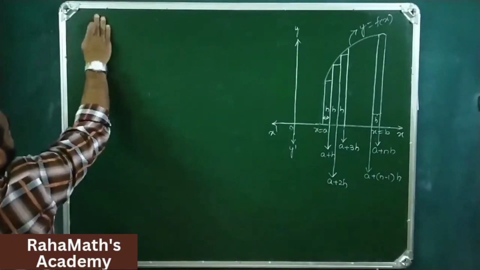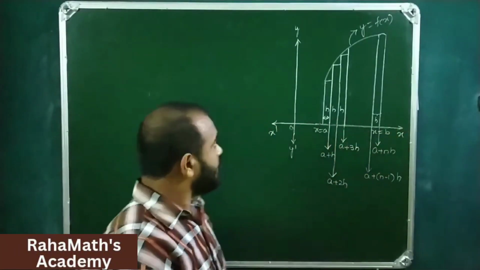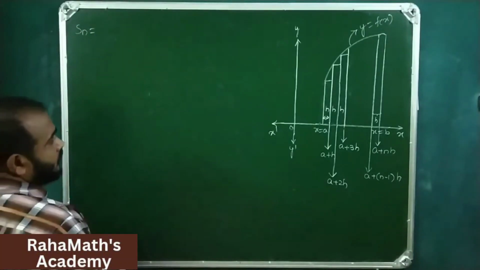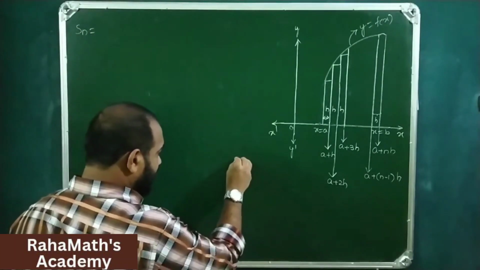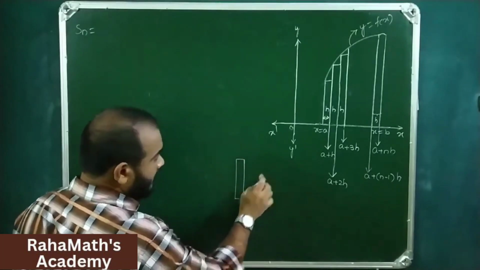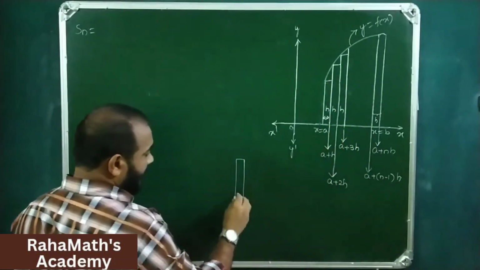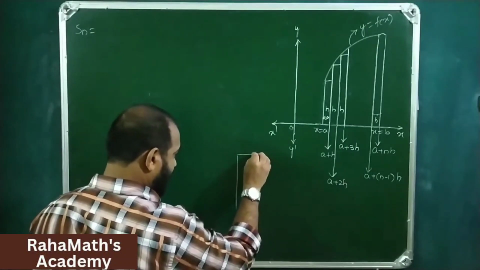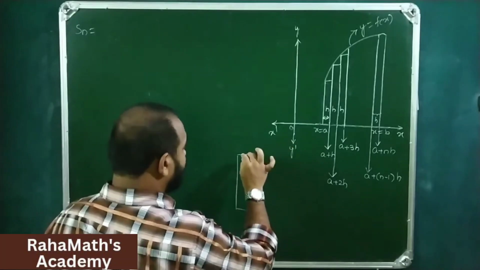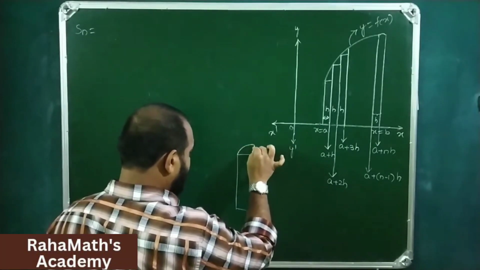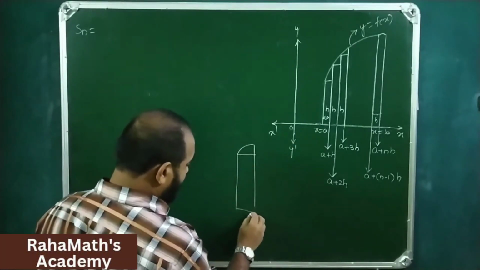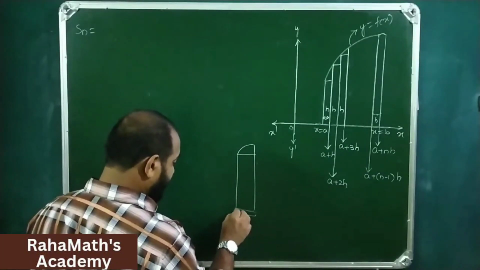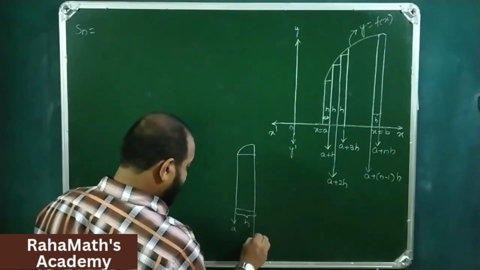So now the sum of all areas is Sn equals, if I take the first rectangle, this has the width h, and this is a, this is a plus h.